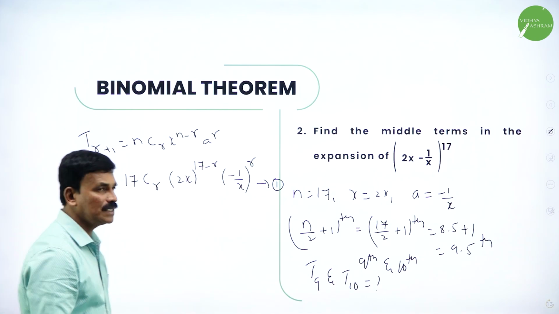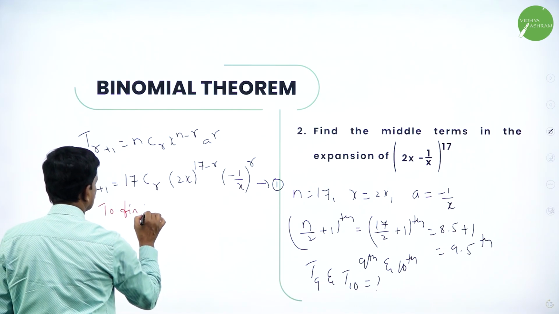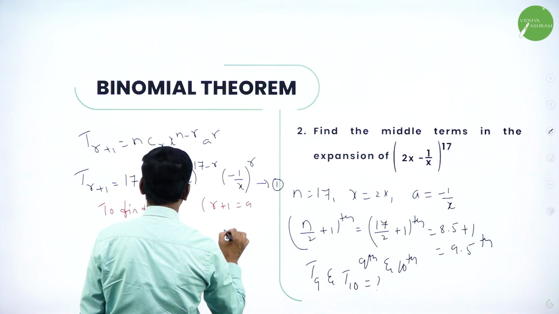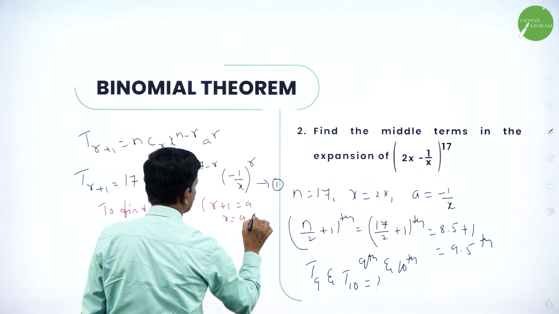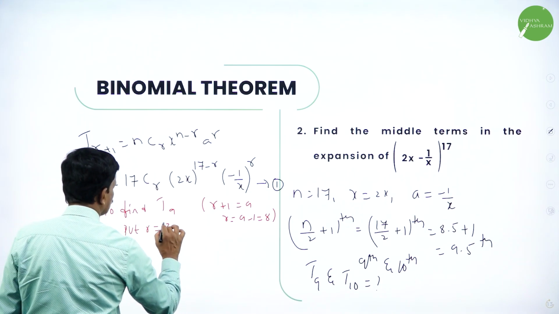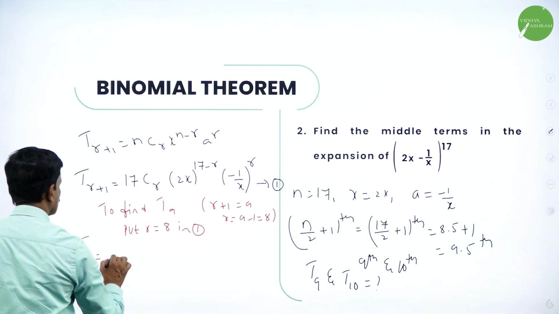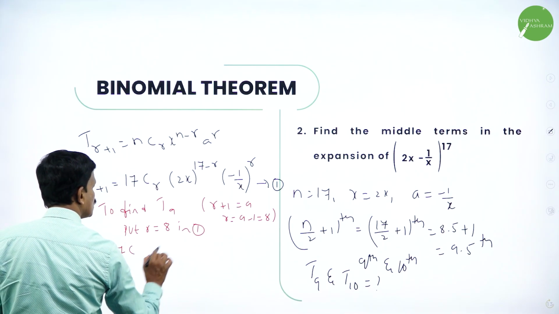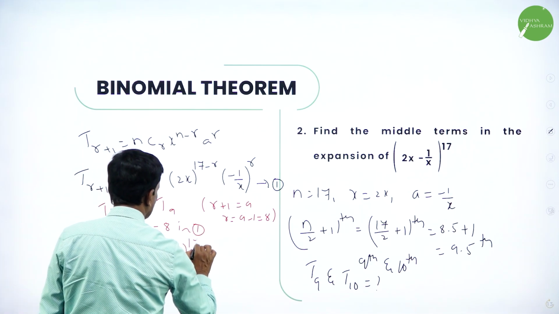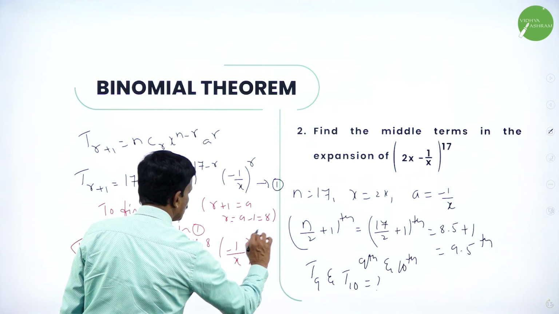Now to find the 9th term, T9, that is r plus 1 is equal to 9. So therefore r is equal to 9 minus 1, which is 8. Put r is equal to 8 in equation number 1. So you will get 8 plus 1, T9 is equal to 17C8 (2x)^(17−8) (−1/x)^8.